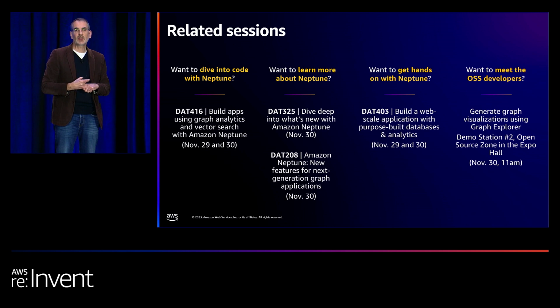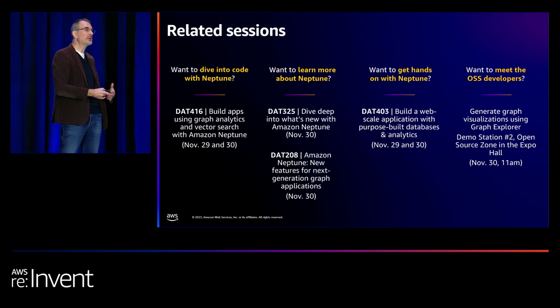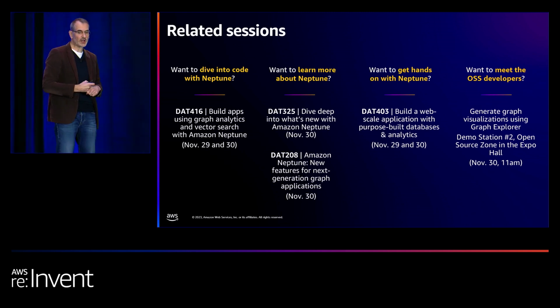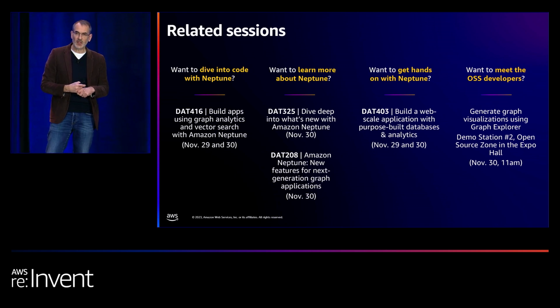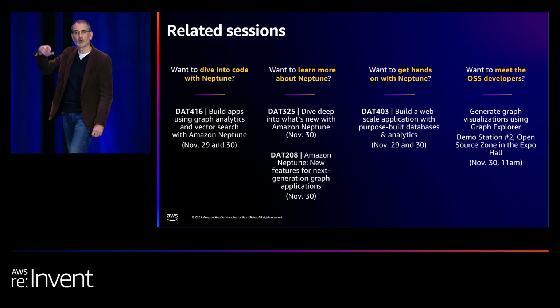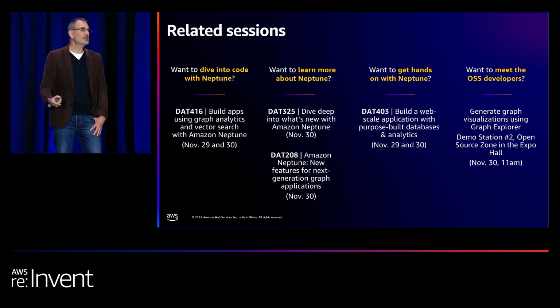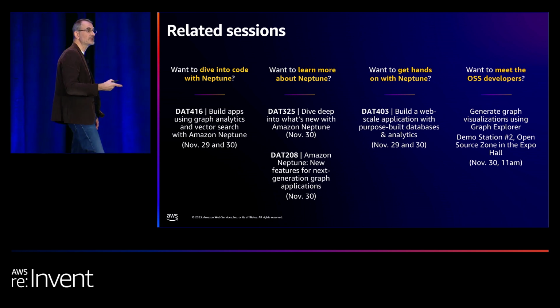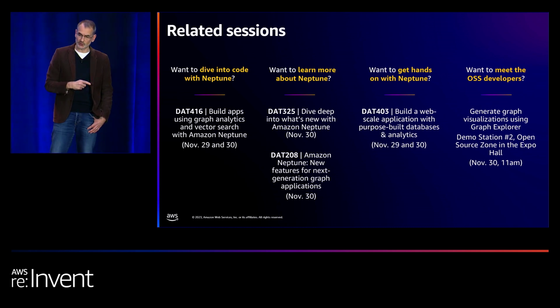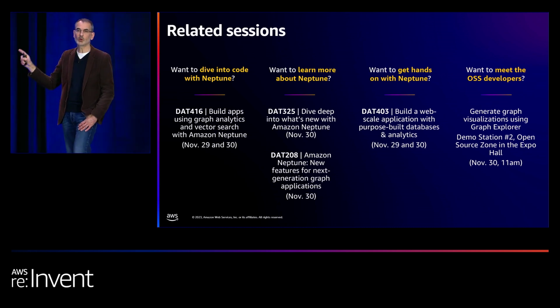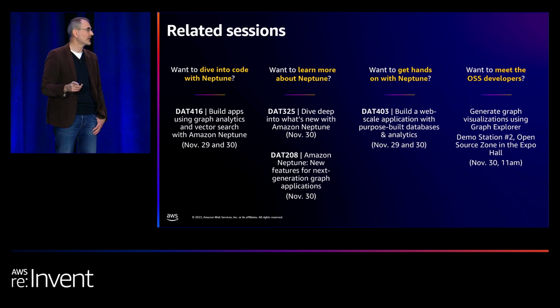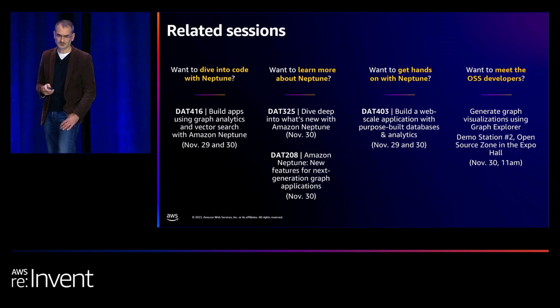There are sessions where you can get hands-on or see other people getting really hands-on with code running against Neptune. There are sessions where we're going to talk about some of the more recent features that are going into Neptune. And if you're interested in meeting some of the developers who are working on some of that open source tooling, I think they're going to be in the expo hall on Thursday giving some demos of that stuff. That's a great chance to talk to them and ask them about that material.